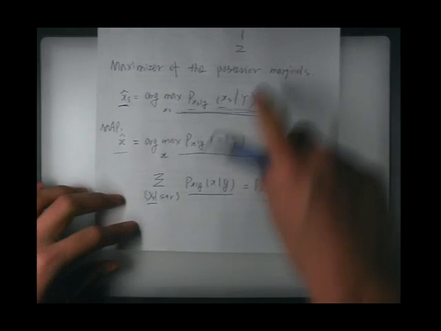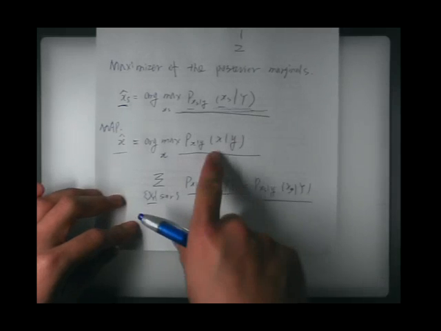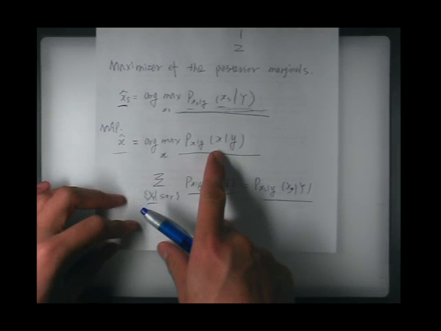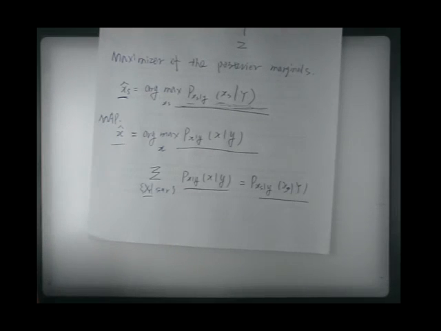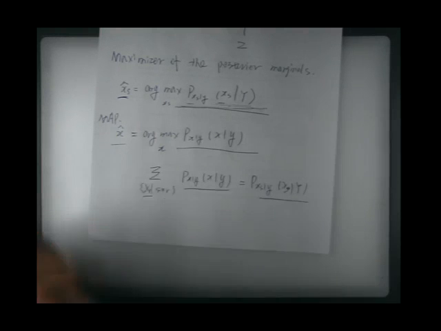So this is very different from the previous MAP estimation. And this is the definition of the MPM. What kind of advantage can we get from this change?